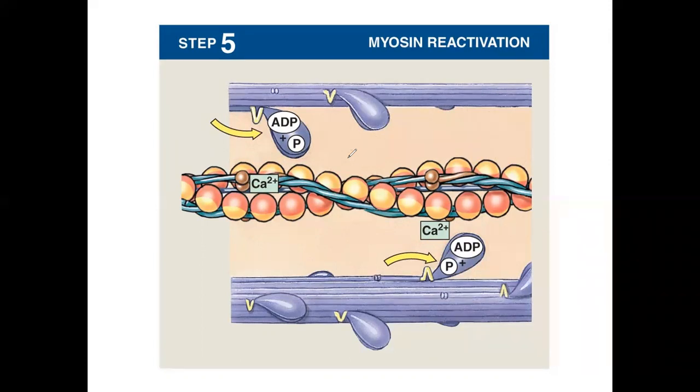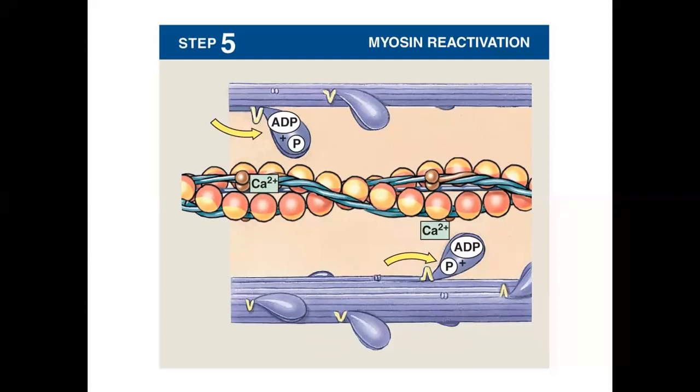If you can follow the steps, you can understand that contraction mechanism. That mechanism is known as the sliding filament mechanism. So I have brought in power stroke, sliding filament, and cocking of the head. All those things you need to understand where they fall into place.